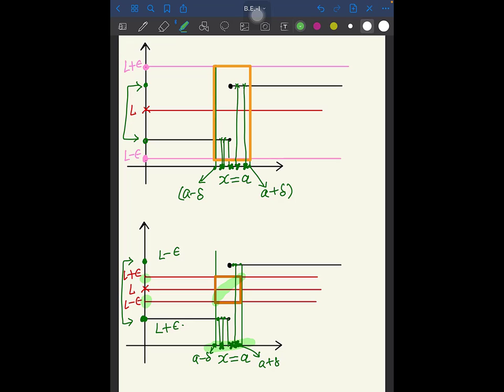Even if one value is missing, we'll say that the limit does not exist. And here we have one such bad epsilon for which these values are not mapping in the L minus epsilon to L plus epsilon range.